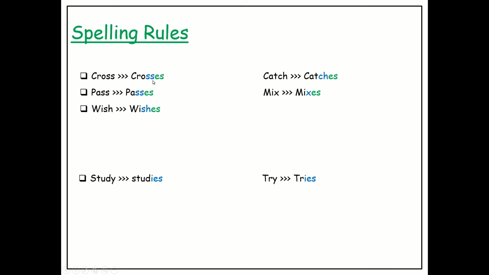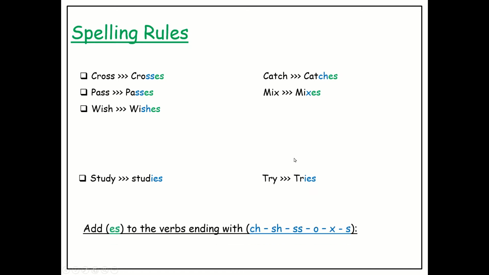So what are the spelling rules? Okay, let's see these examples and then we will speak about the rules. Cross, crosses. Pass, passes. Wish, wishes. Catch, catches. Mix, mixes. Study, studies. Try, tries.